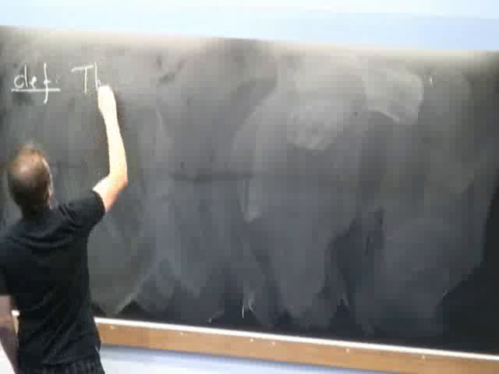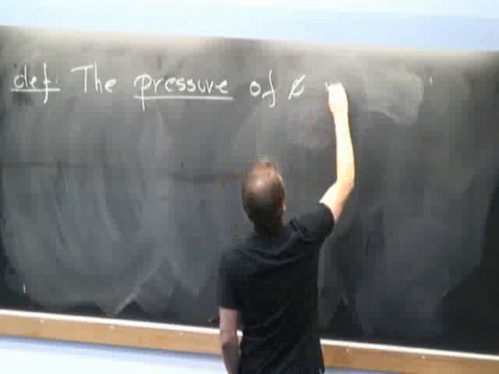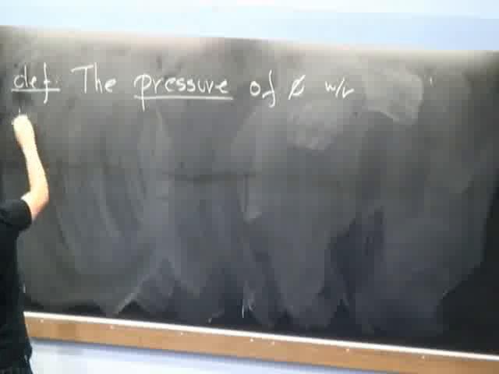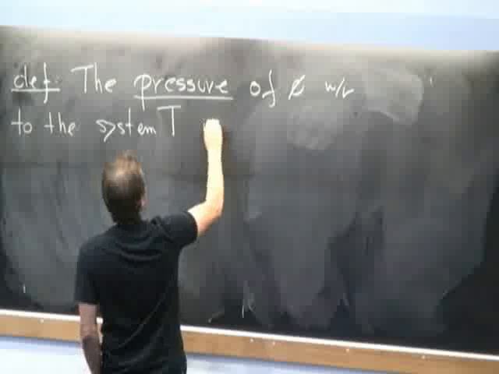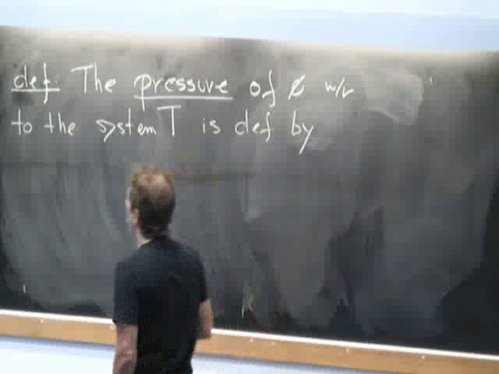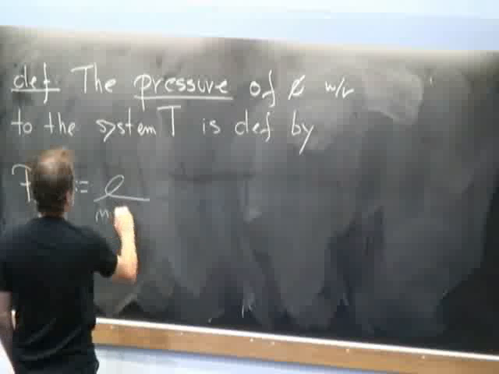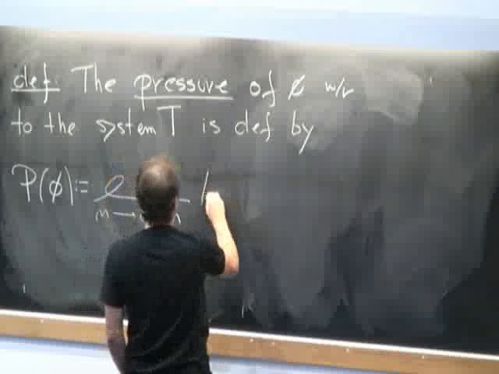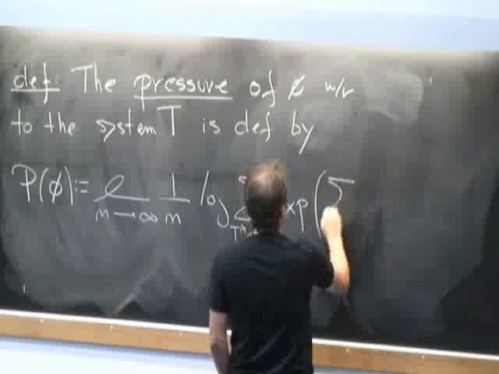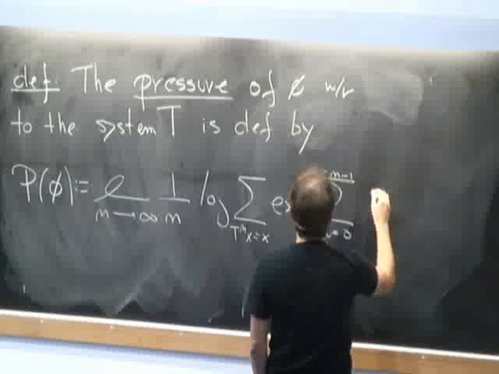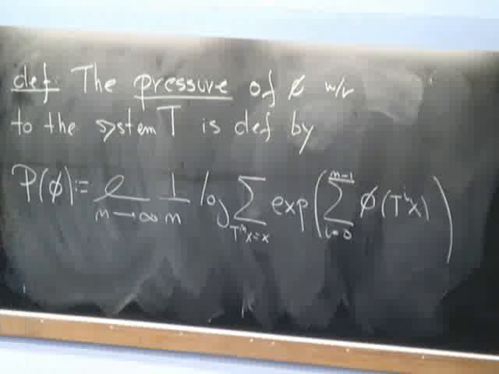So the pressure of the function phi with respect to the system T is defined by the following limit. It's an ugly expression. I'll explain in a second what it means.